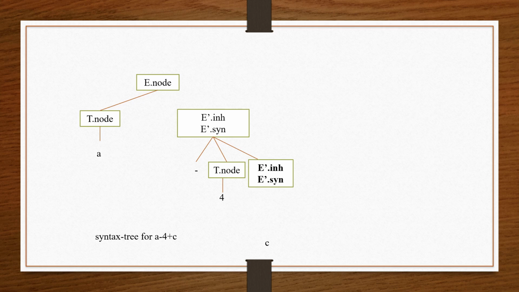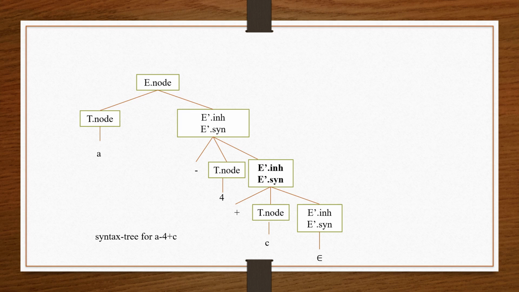That result is again passed to E dash dot inh. Understood? So it has the result. What is that result? A minus 4. Now that is added with C. Once this result is over, that is A minus 4 plus C, that result is again copied to the rightmost E dash dot inh.